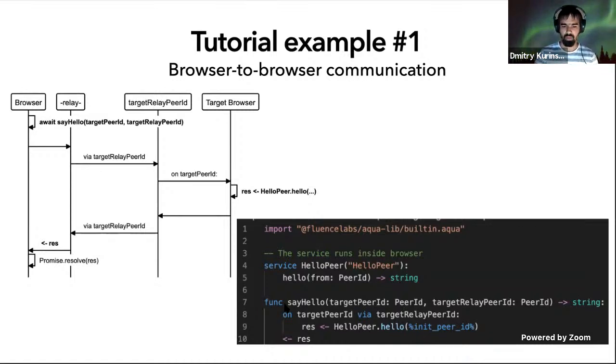And we have an Aqua function where we have arguments, and we say that on target peer ID, on the target browser ID, via target relay, we want to call this function, fetch the result, and provide this result back. So this via means that to get to the target browser and back, we need to go through this peer. So pretty simple.